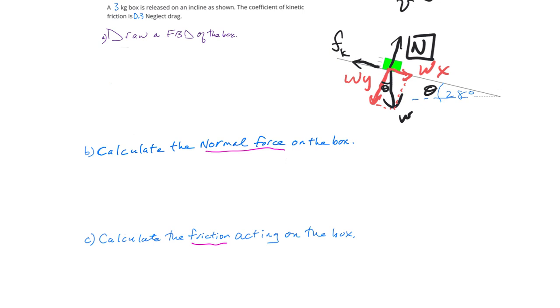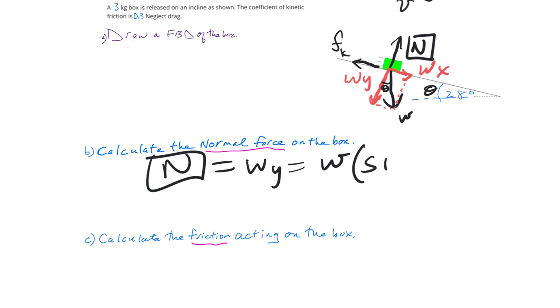Calculate the normal force on the box. Well, normal force, I don't care if it's accelerating or not, is equal to what? The y component. Use the equations on your equation sheet. Remember, QY is equal to Q, which in this case is W, times sine of theta.